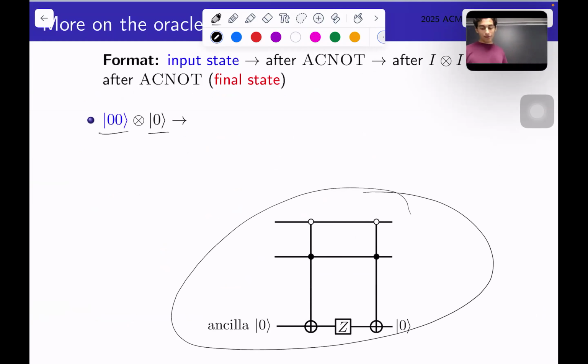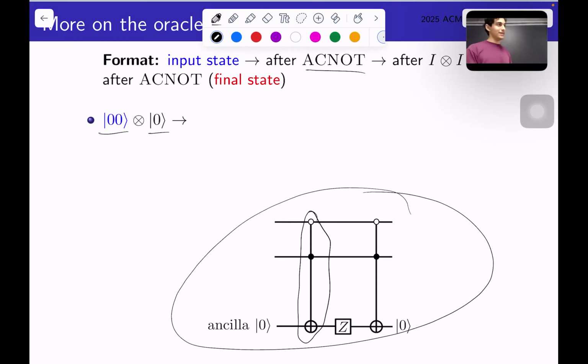After you apply this C naught that's anti-controlled by the first qubit and controlled by the second qubit, what state would you get? The same thing, because the control condition wasn't hit: the first qubit's in 0, and the second qubit's in 1.